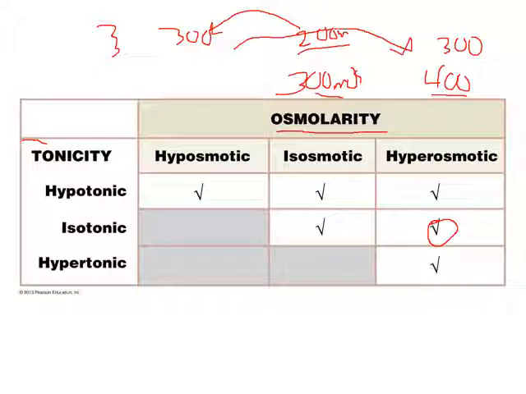Again, if we have a 400 milliosmol solution, but 200 of the 400 milliosmoles are devoted to penetrating solutes, that leaves me only with 200 non-penetrating solutes. If we compare 200 to 300, then water's going to move in there, and that makes the solution hypotonic. Okay, so again, this graph is just basically stressing the non-penetrating solutes are the ones that are the most important, or that are going to be the only ones causing the water movement.